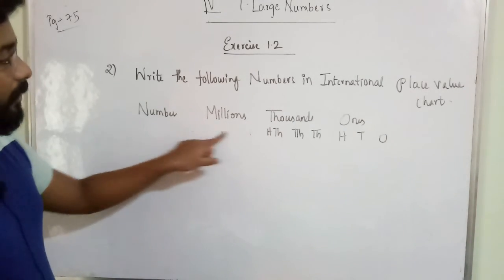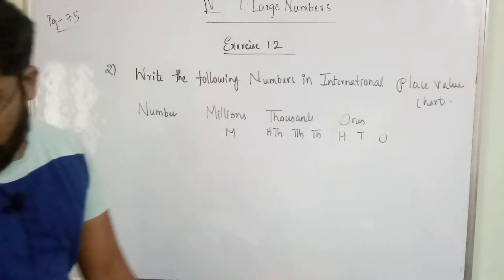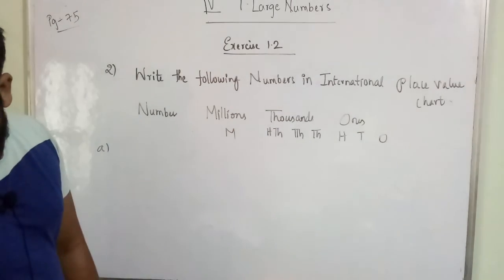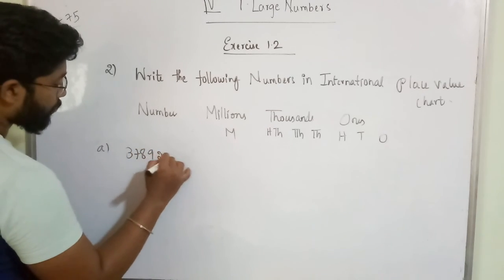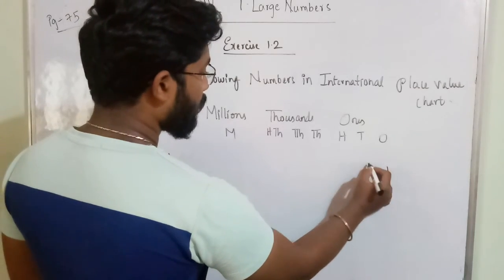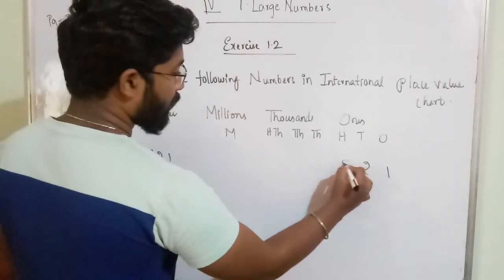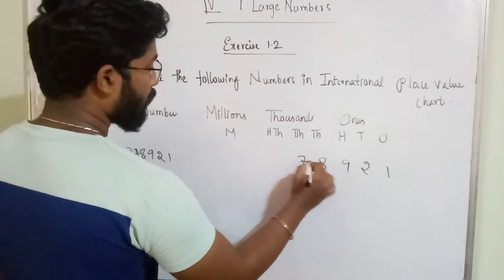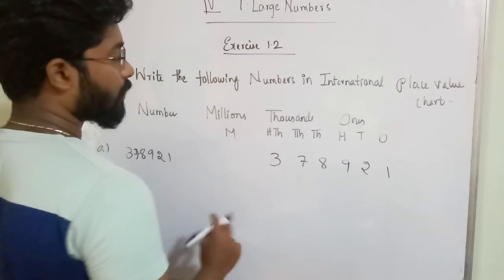So here he gave only millions. For you up to millions is only enough, I think. First number is 378921. So start from here, 1, 2, 9, 3 digits completed, 8, 7, 3, first period completed, second period is completed.